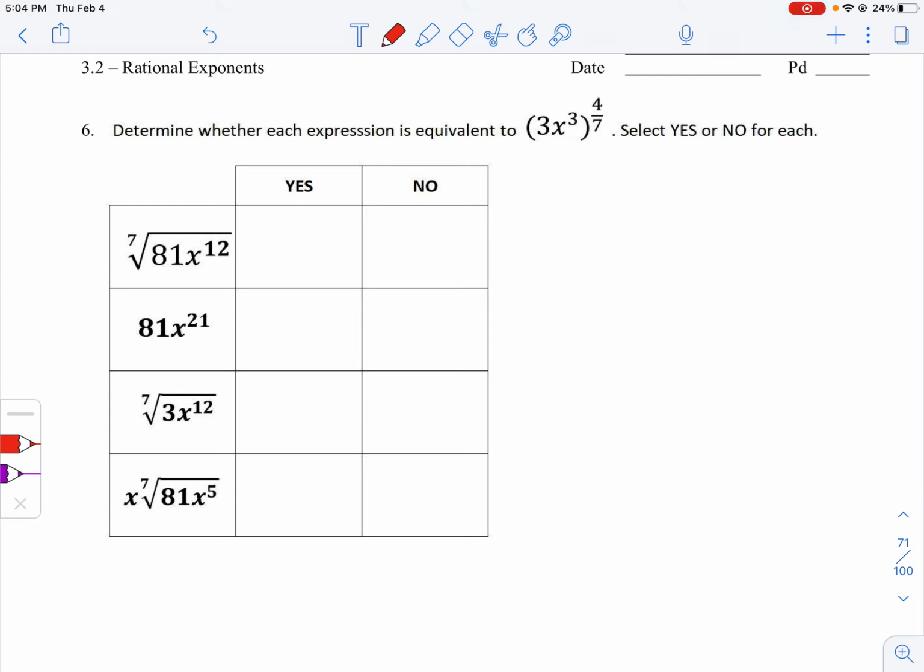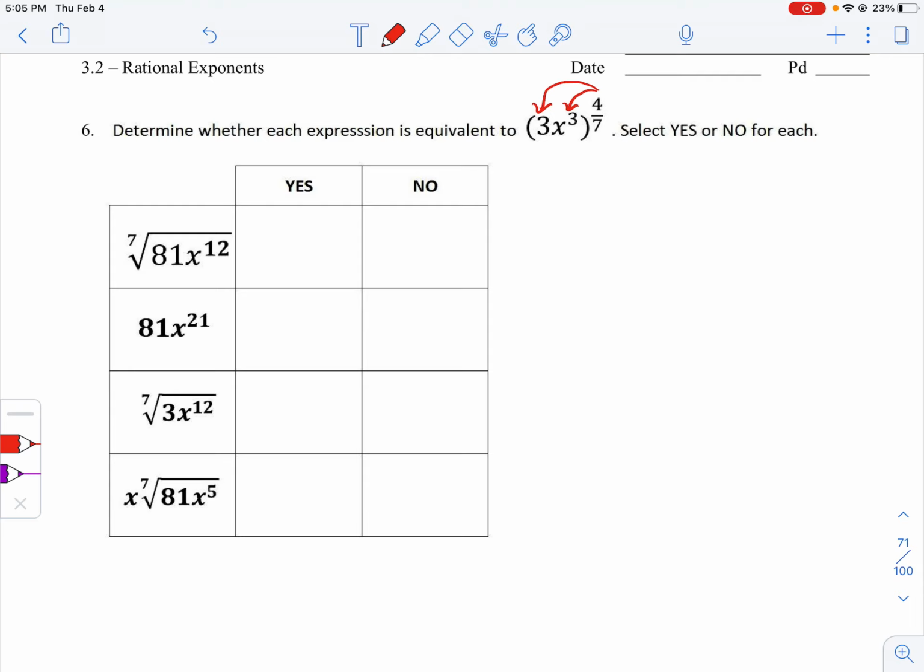Determine whether each expression is equivalent to, oh, this is a lot, 3x cubed to the power of 4 over 7. Okay, first question is, who owns the 4 over 7? I think it's important that we know who owns the 4 over 7. And I think because both of these are in the parentheses, the 4 over 7 is owned by 3, and it is also owned by this one.